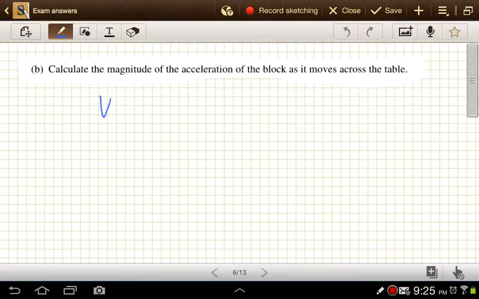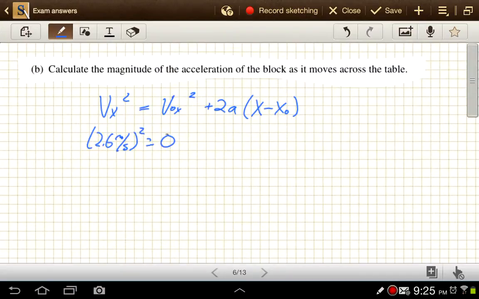So Vx squared, the final velocity in the x direction squared, is equal to the initial velocity in the x squared plus 2 times acceleration times the distance traveled, x minus x naught. So we got 2.6 meters per second squared is equal to 0 plus 2a, and then that distance was 0.95 meters.